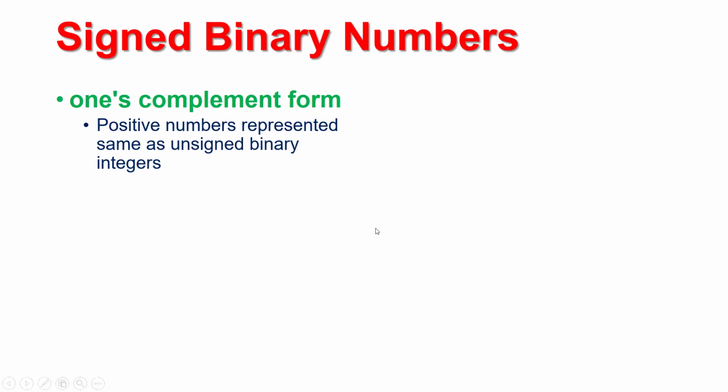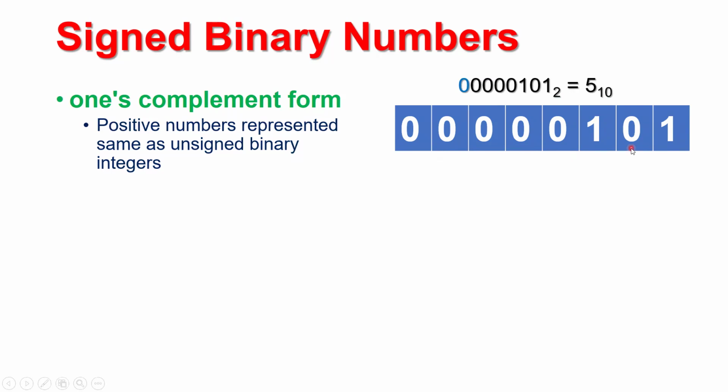As you can see here, using 1's complement form, positive numbers will be represented the same as unsigned binary integers. What does that mean? This is an 8-bit representation of decimal 5. You can see here these are the bits, and in unsigned binary representation we use this way. So here the MSB is 0.